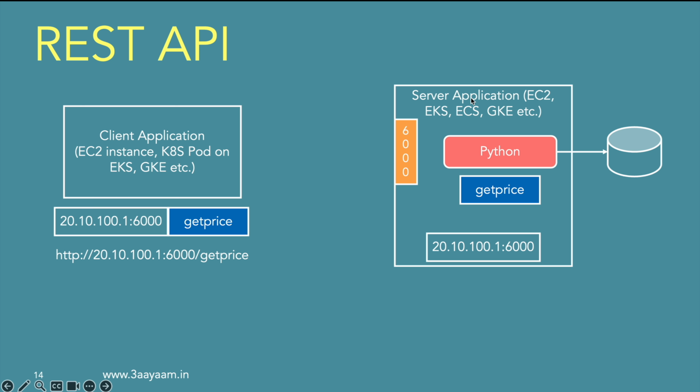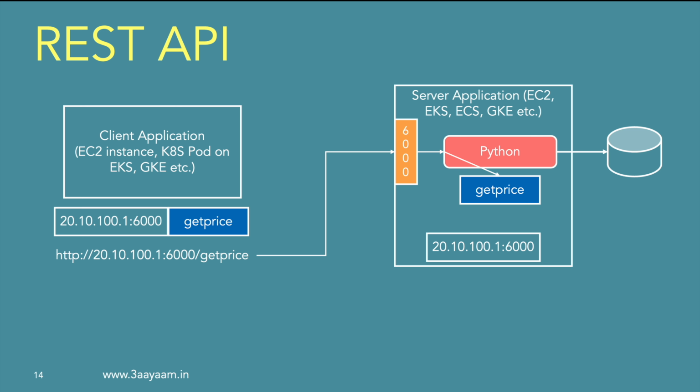Now, why do I say so? Because the way we are addressing the API is basically the IP address of the server where the program is running and its corresponding port, followed by the name get price. If we use this endpoint or URL from the client application, the client application will hit port 6000, go to the program that is running, and then go to the get price function.